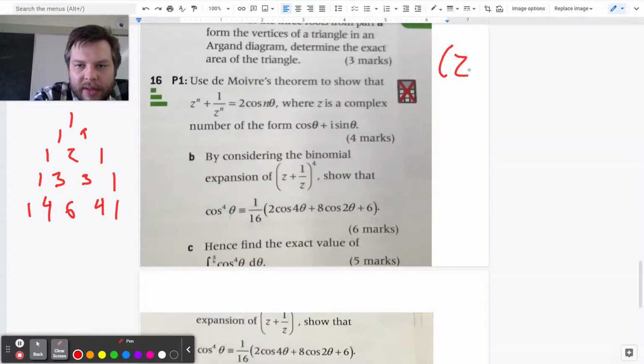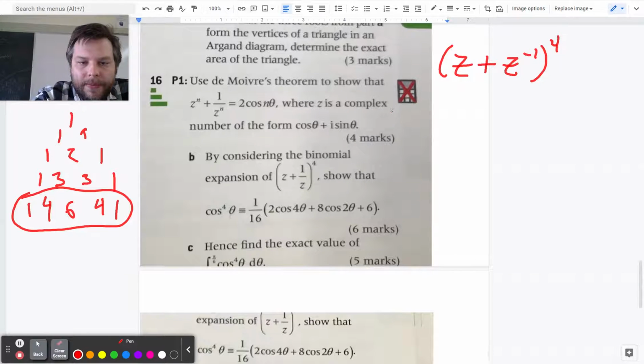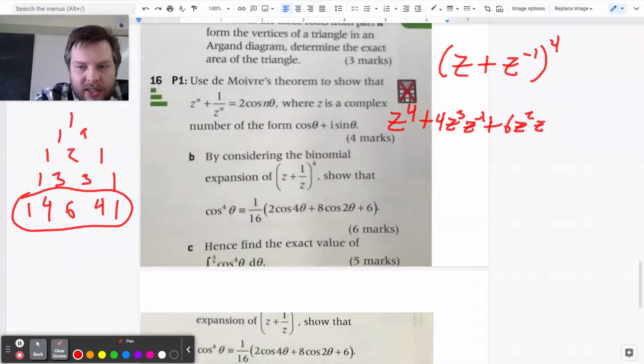And so when I look at z plus 1 over z to the fourth, I'm going to rewrite it in terms of z to the negative 1, and I'm going to just read off the coefficients from the fourth row of Pascal's triangle. So we have 1 z to the fourth plus 4 z to the third times z to the negative 1 plus 6 z squared z to the negative 2 plus 4z times z to the negative 3 plus 1 z to the negative 4.